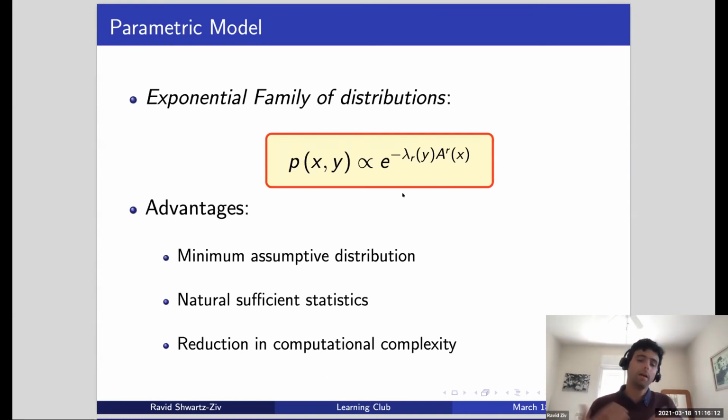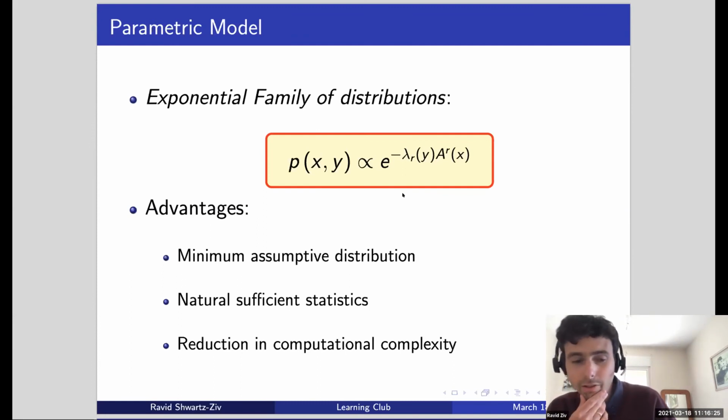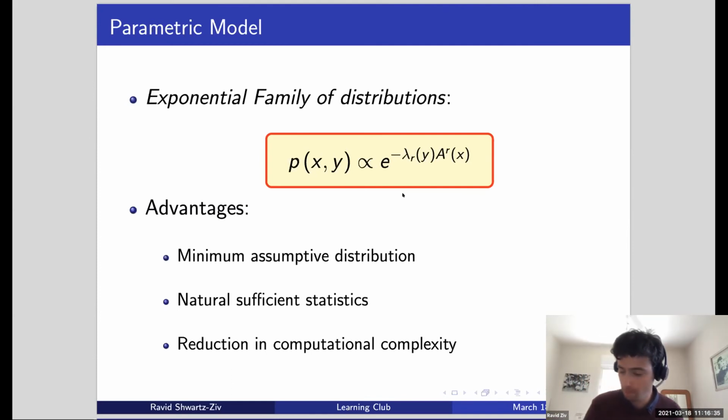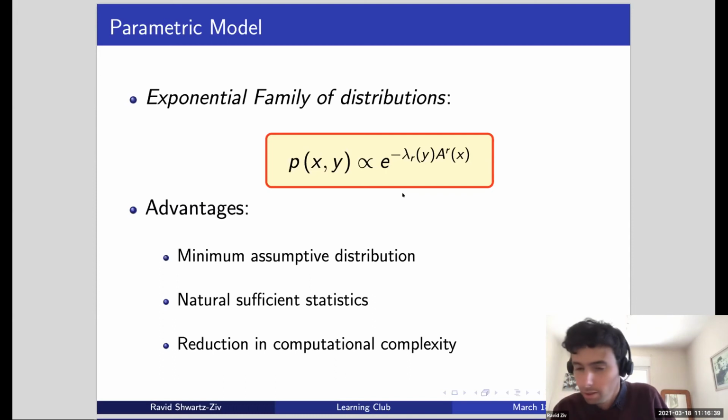It has natural sufficient statistics, and we can calculate everything based on these sufficient statistics, and we can get a reduction in the computational complexity if we use these sufficient statistics. And we have it in many problems, many physical problems, if you have some Hamiltonian and stuff like that.